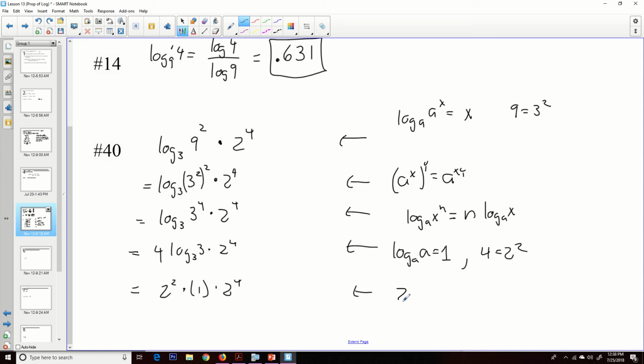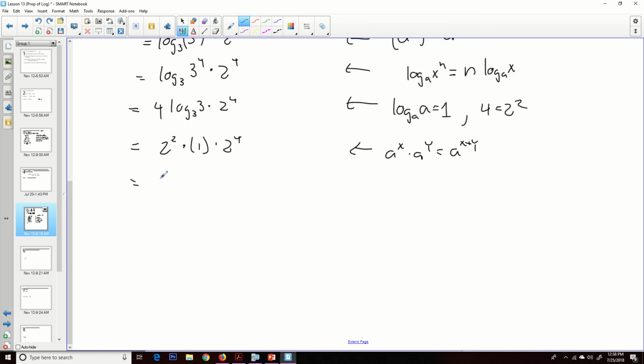And remember, a to the x times a to the y is equal to a to the x plus y. And so we just have 2 to the 6th, since 2 plus 4 is 6, and that's simplified. All right, let's move on.